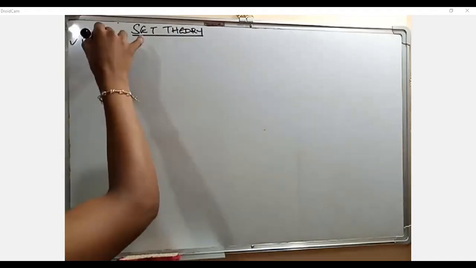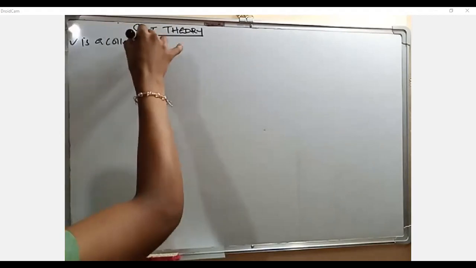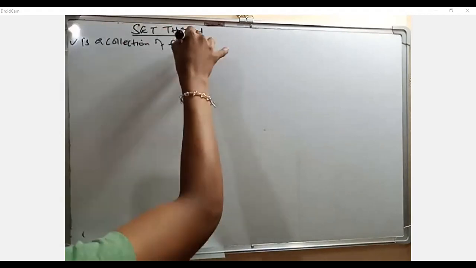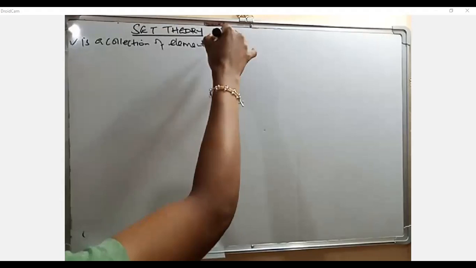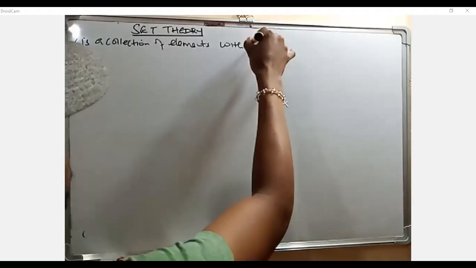When you look at set theory, we normally talk about a set as a collection of elements with similar characteristics.